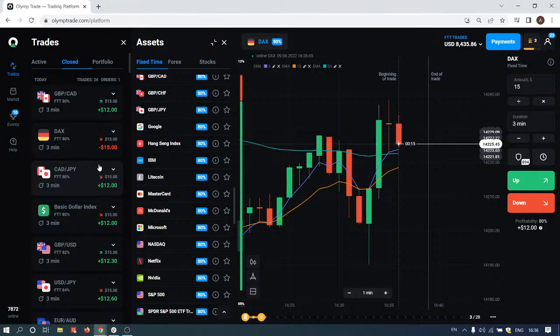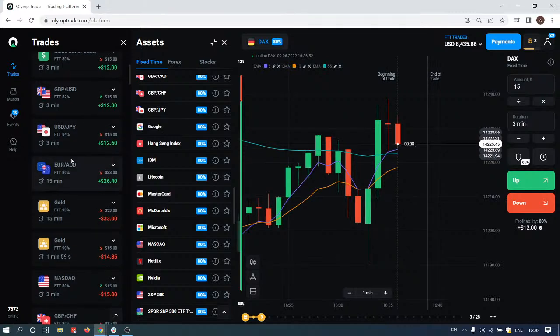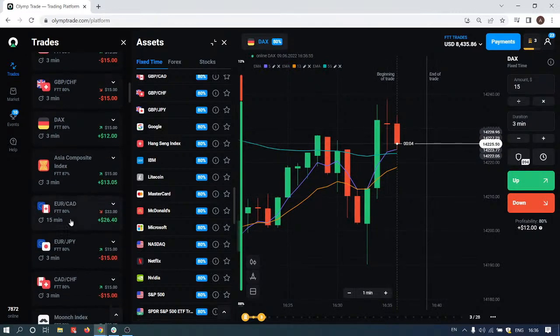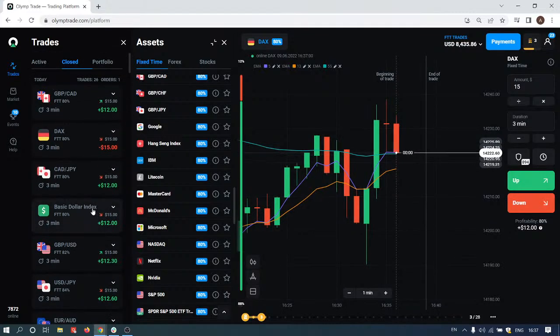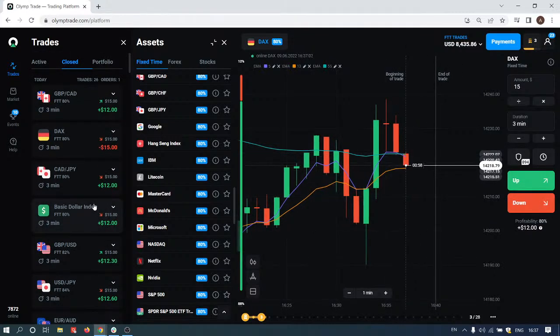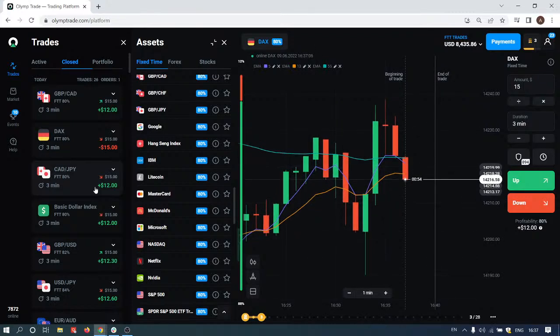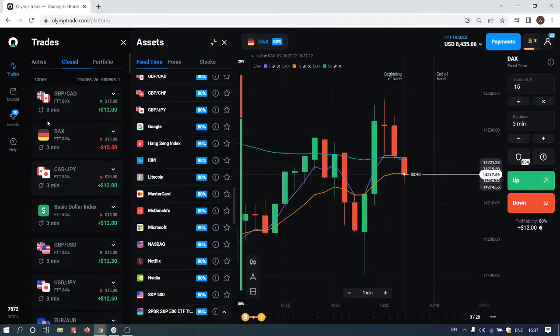So 12 losing trades and 14 winning trades. And out of my long-term trades, 3 15-minute trades closed with a profit and only 1 closed with a loss. So 14 out of 26, so 54% profitable trades.